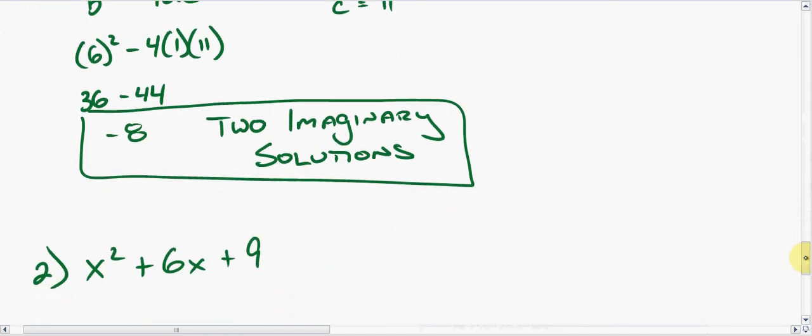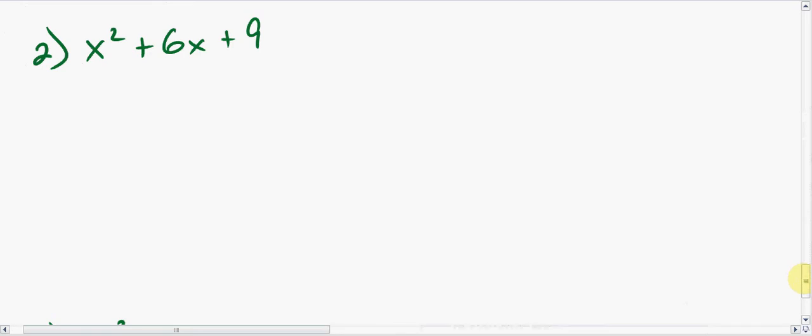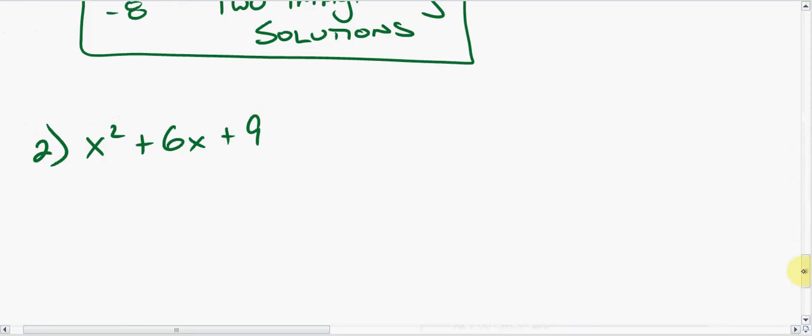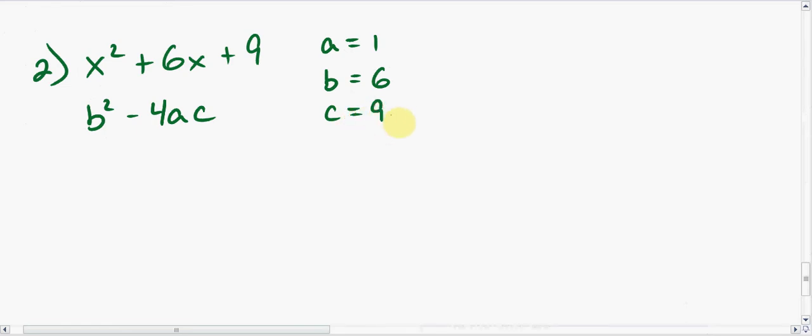Let's do it again. We've got x squared plus 6x plus 9. Our discriminant is b squared minus 4ac. Our a value is 1 again, our b value is 6, and the c value is 9.